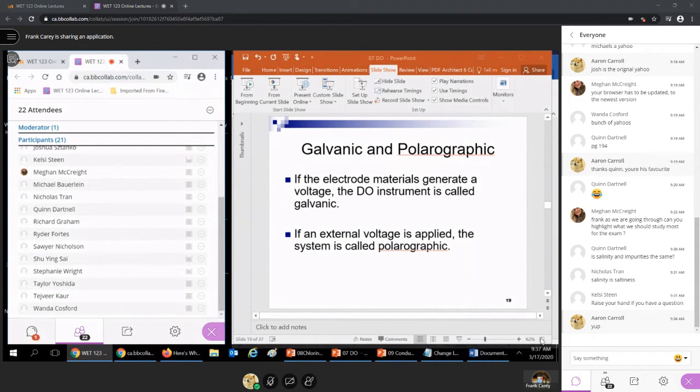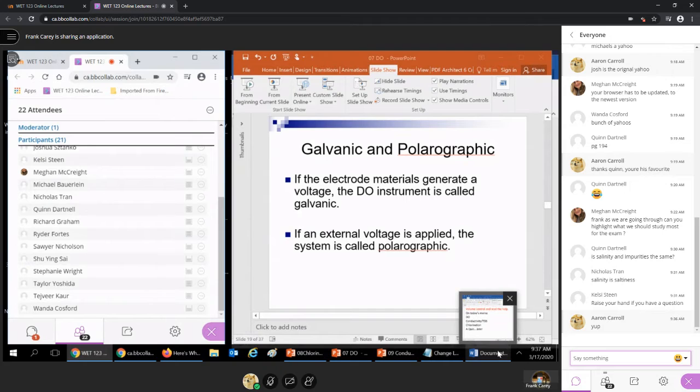The main distinction between the polarographic and the galvanic probe is the polarographic needs an external voltage applied to it, whereas the galvanic, based on the solution and the amount of oxygen molecules in that solution that manage to go through the permeable membrane, will create a voltage.